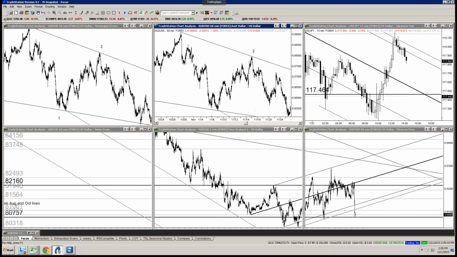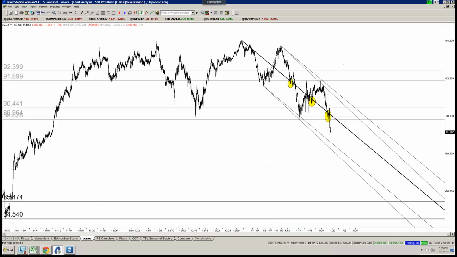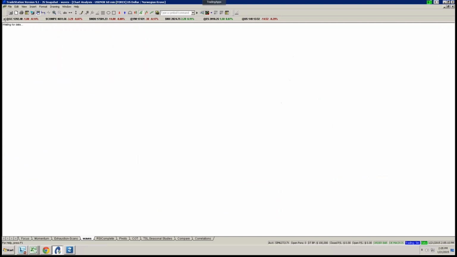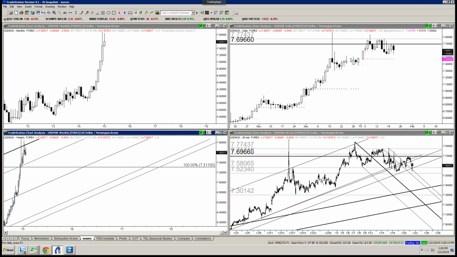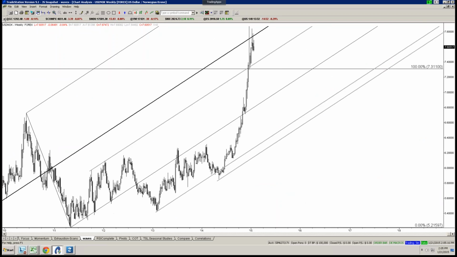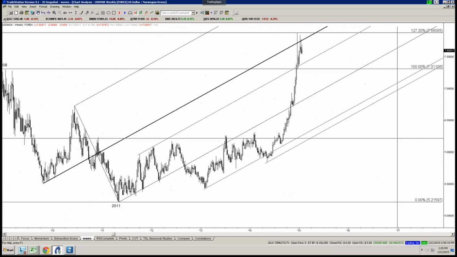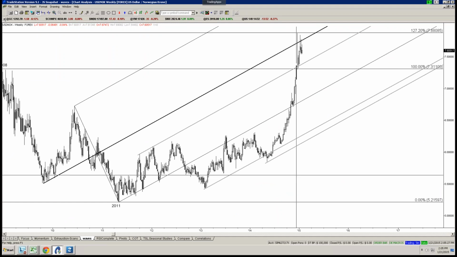Okay, Dollar NOK is a question we've got here from Craig. Dollar NOK is still a larger reversal possibility. Again, this is the longer term weekly chart that we put up in one of the swing updates last week.